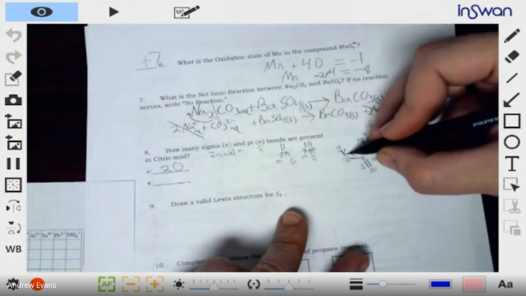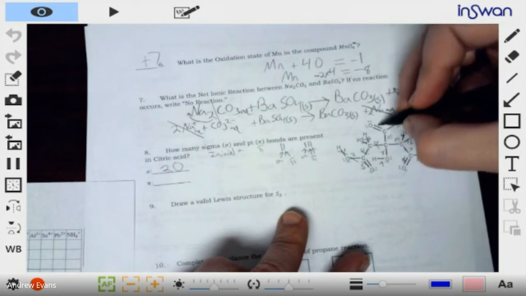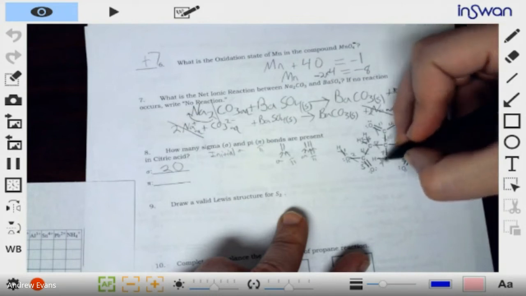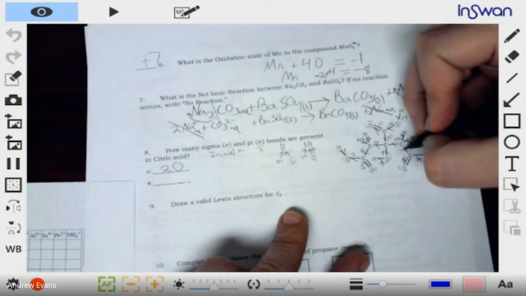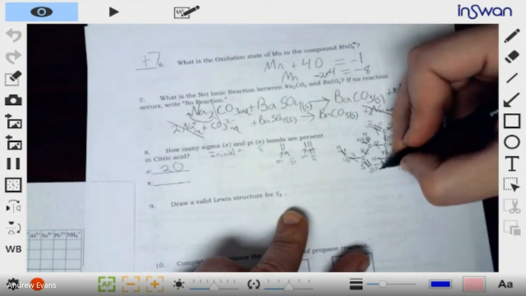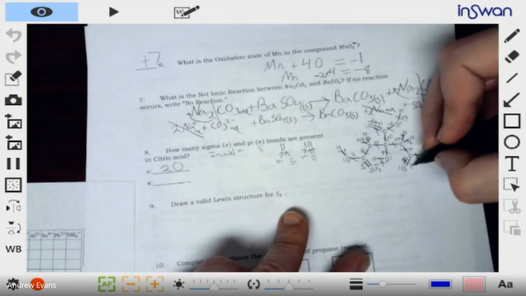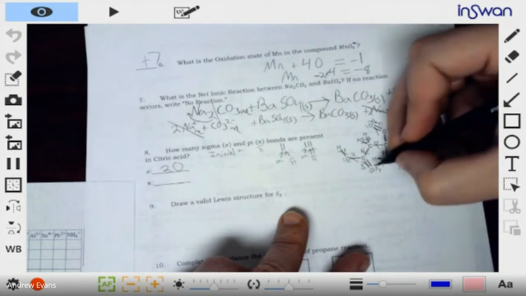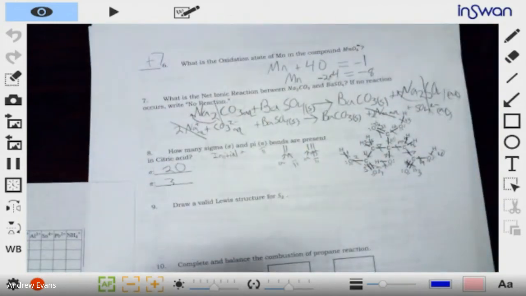So I've crossed out every bond between every atom once. Any bonds remaining must be counted as our pi. So we have pi 1, pi 2, pi 3. So we have 3 pi. That's how you can easily do sigma and pi. Don't overlook this. This is relatively simple if you know what to do.